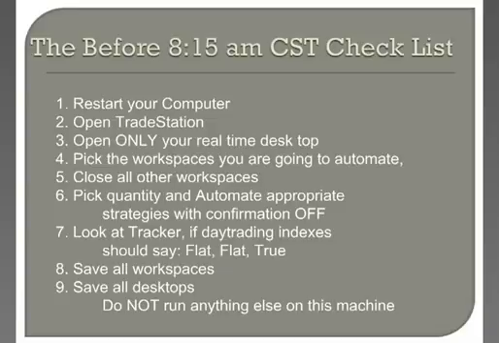Open your TradeStation. Open only your real-time desktop, the stuff that you're really going to trade and automate. Close the other workspaces. Pick the quantity and automate the appropriate strategies with confirmation off. Look at that tracker. If day trading, the indexes should say flat, flat, true. And save all the workspaces, save all the desktops, and do not run anything on this robot.